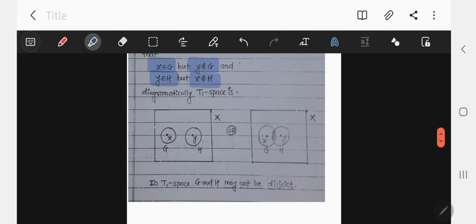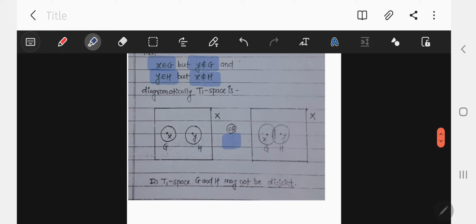And diagrammatically there are two cases. In first case, for two distinct points x and y, there are two open sets G and H such that x belongs to G but y does not belong to G, and y belongs to H but x does not belong to H. In second case, in topological space X, there are two open sets G and H. That is, this G and H are not disjoint.